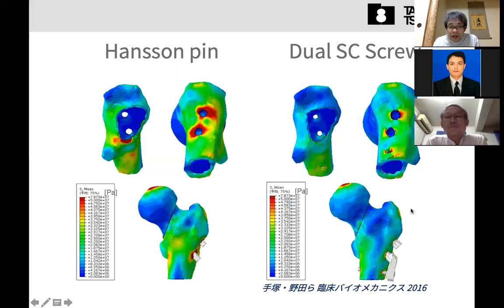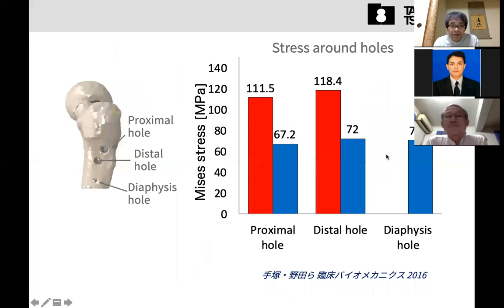But using the side plate, like this, it's not concentrated. Stress is not concentrated around the screw, even in the proximal one, the middle one, and the distal cortical screw. So the stress is very, very separated.